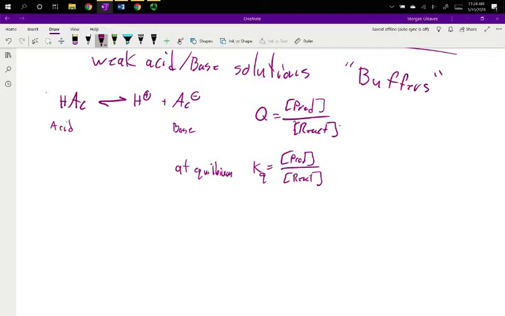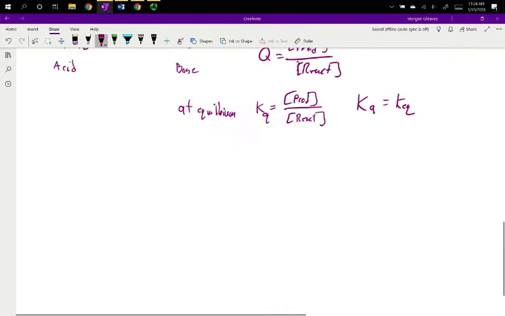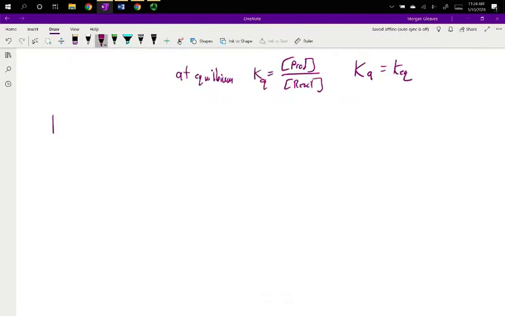If you are working with a weak acid, then we use the symbol Ka. It is KEQ, the equilibrium constant. It is just to tell you you are working with a weak acid. For acetic acid, the Ka is 1.8 times 10 to the minus 5.